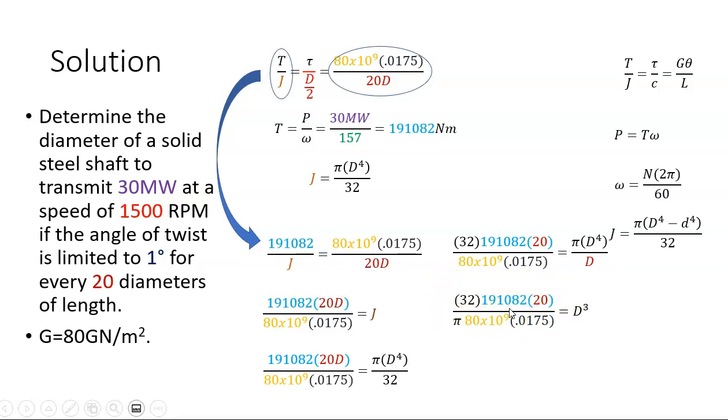So d cubed is equal to this expression. And if I want to get d, then I need to get the cubed root of that expression. And when I put that into my calculator, I get 0.303 meters. In fact, let's do that.